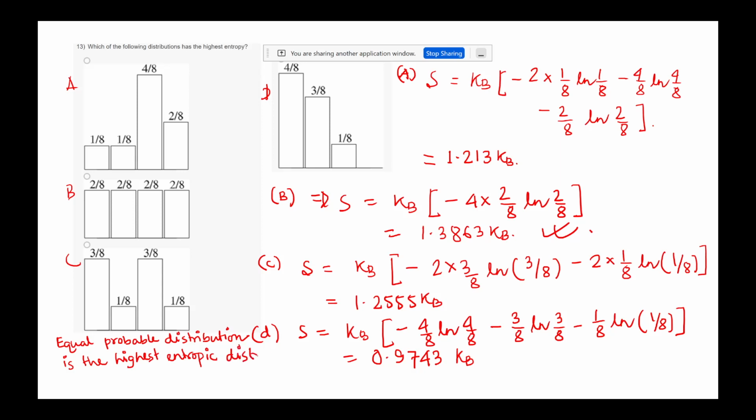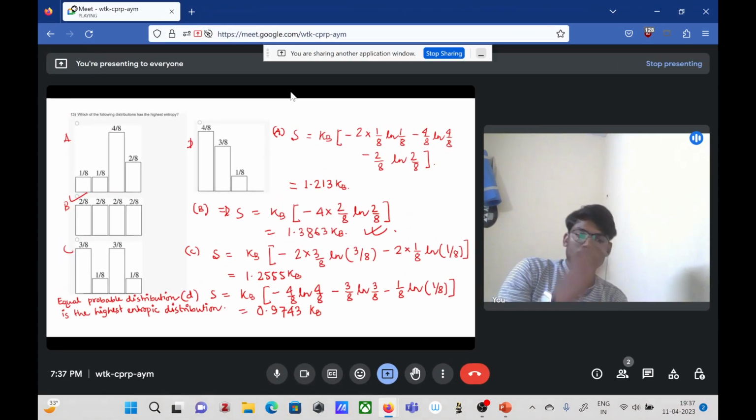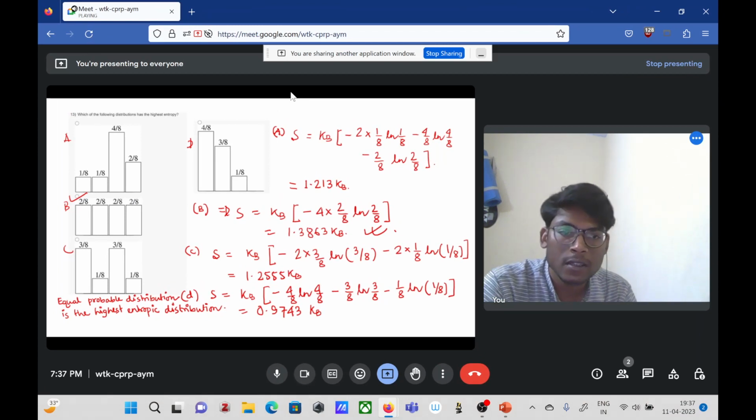Okay, always remember that. So this is the correct option. So just think about it, equal probable distribution is the highest entropy distribution. Try to grasp the thing, and if you have any questions I can answer them.